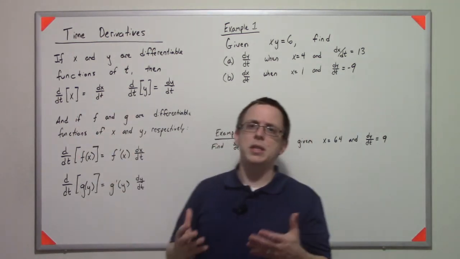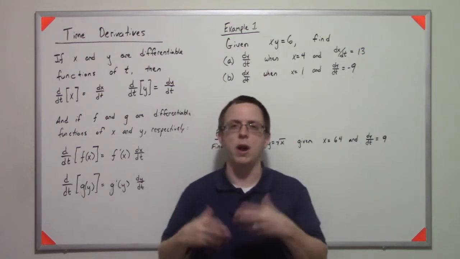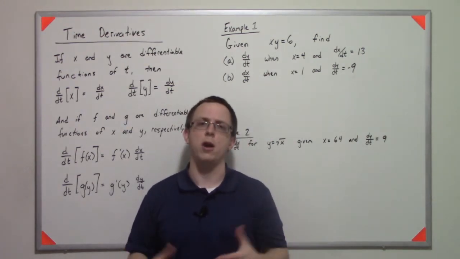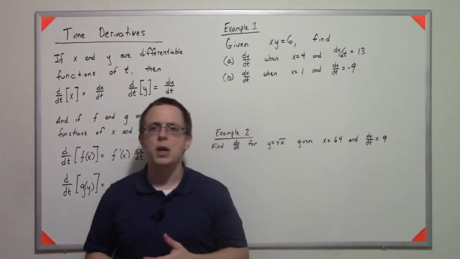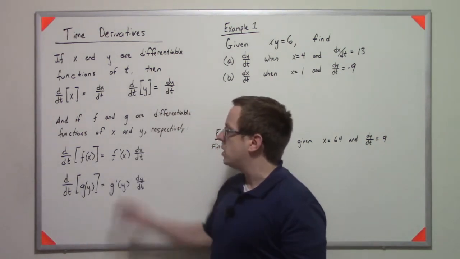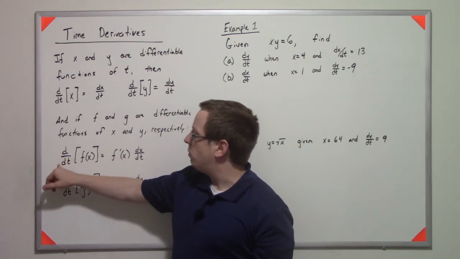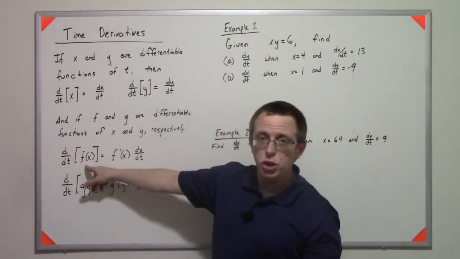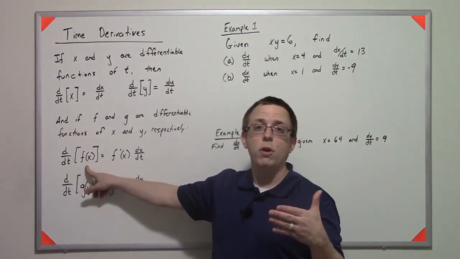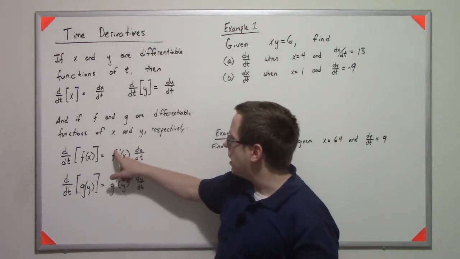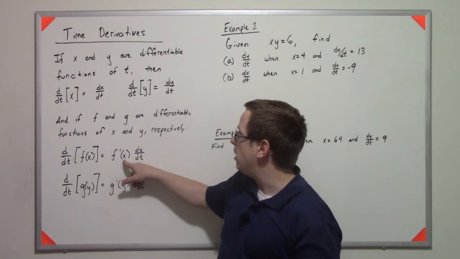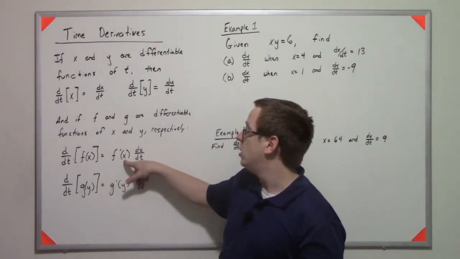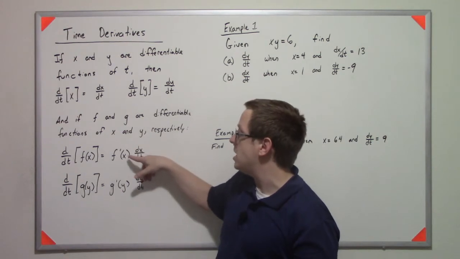But what happens when I don't just have x or y, maybe I have y squared, or maybe I have cosine of xy or something like that? Well, in that case, the derivative with respect to t of a function of x follows from the chain rule: you take the derivative at x, and then by the chain rule, take the derivative of what's inside, which is the derivative with respect to t of x.